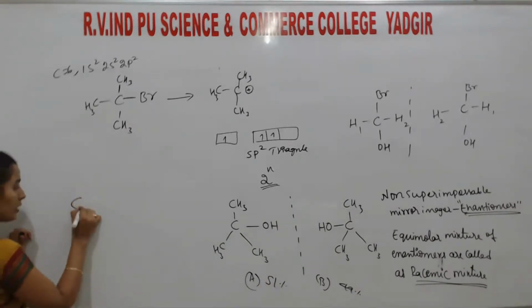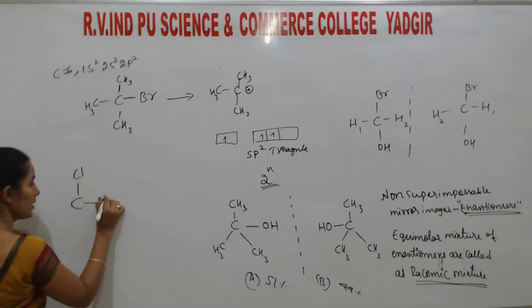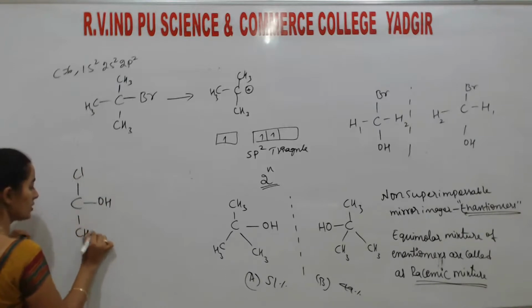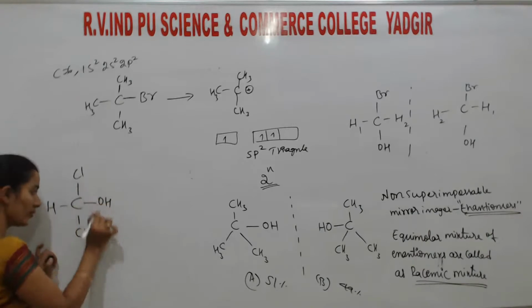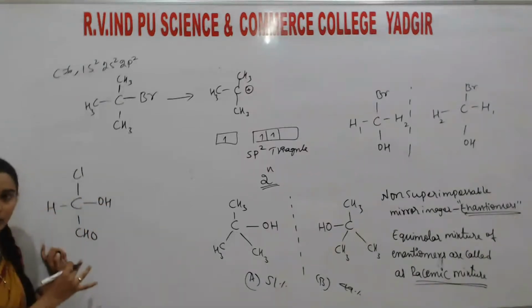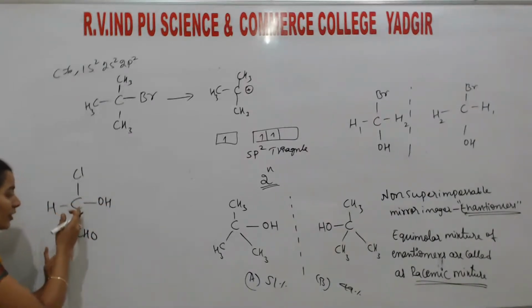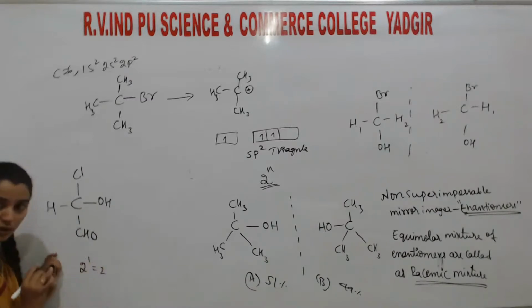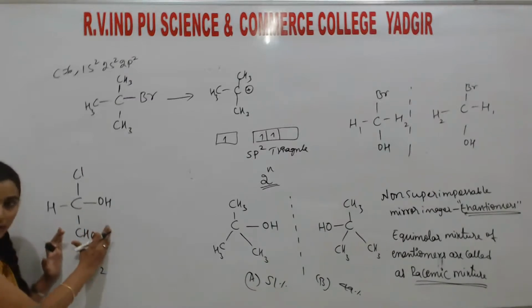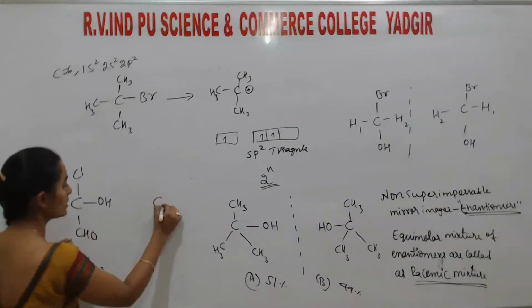listen here, the carbon is there, here Cl is there, here OH is there, here CHO is there, here H is there. So this is a carbon with 4 different atoms, which means it is chiral. How many such chiral atoms are there? Only one. So 2 to the power of 1 means only 2 isomers are possible. One is the actual structure, another is its mirror image.